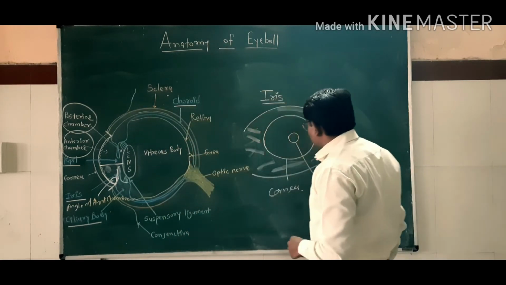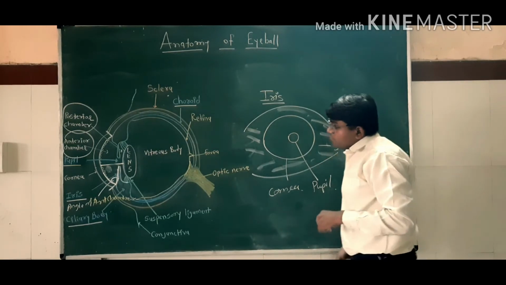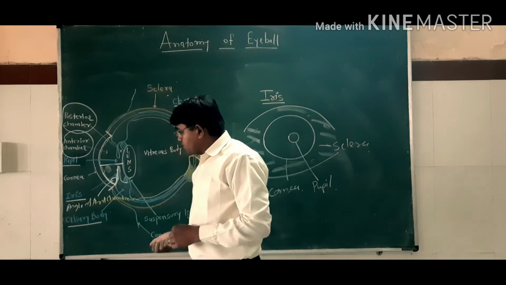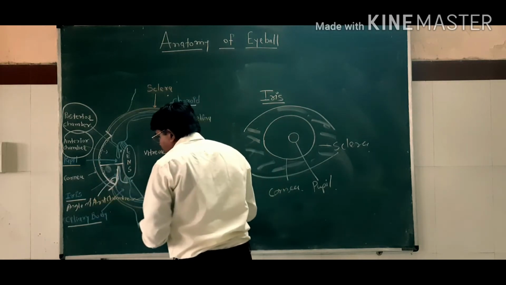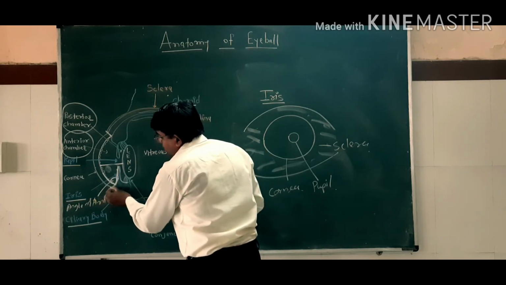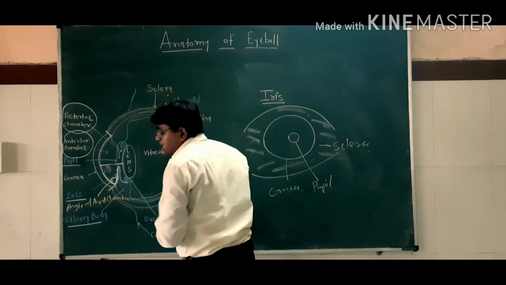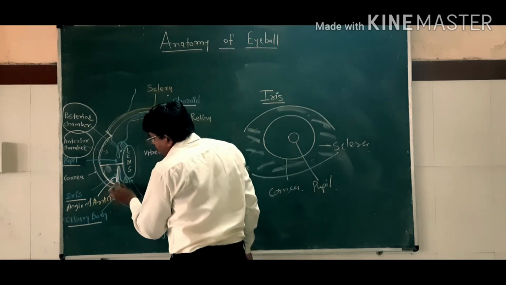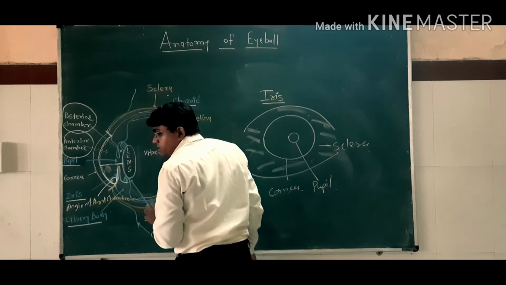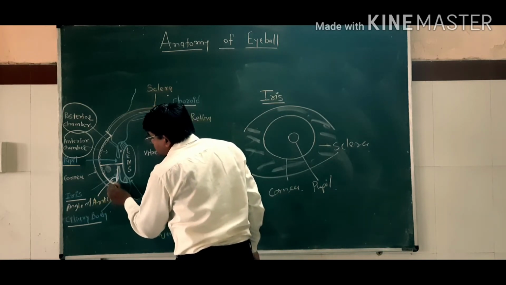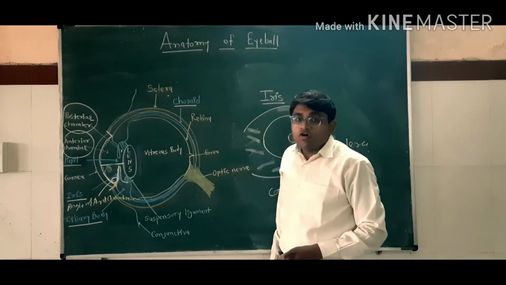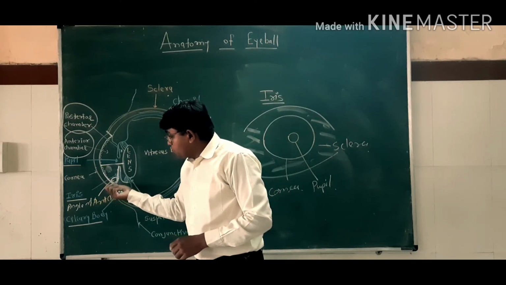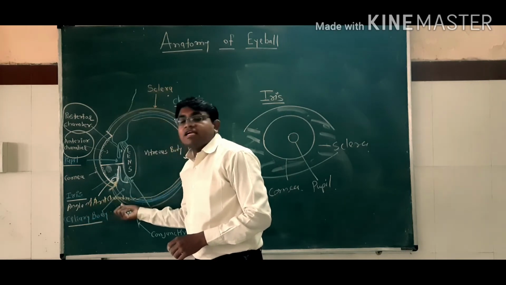Okay, so what is the importance of this angle? In this angle, after that there is an area, the limbus, the corneal limbus. In between the ciliary body and corneal limbus there is the canal of Schlemm, and this canal is open due to the angle of the anterior chamber.